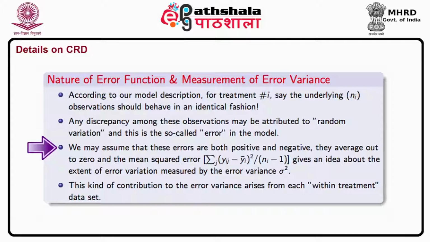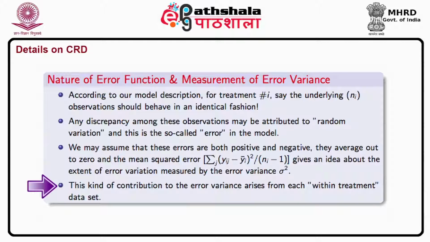We may assume that these errors are both positive and negative. They average out to 0, and the mean squared error, that is the sum over j of y ij minus y i bar square by n i minus 1, gives an idea about the extent of error variation measured by the error variance sigma square.